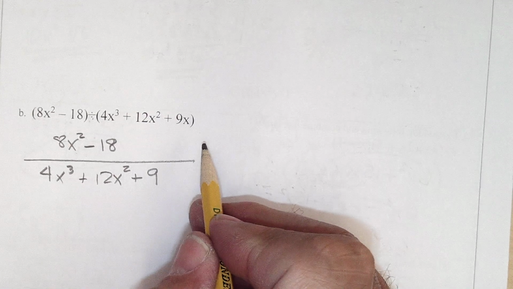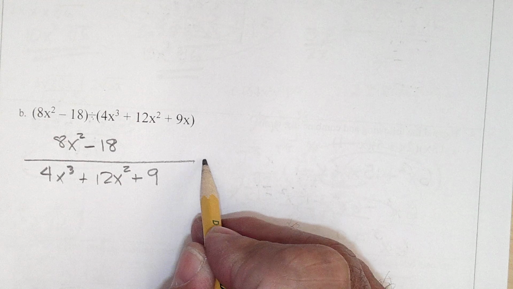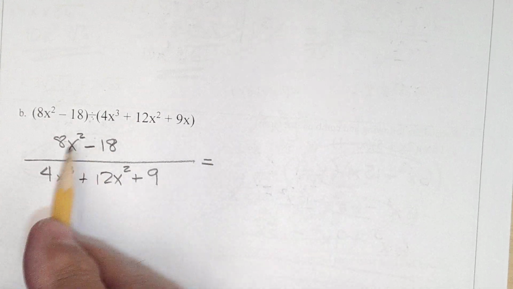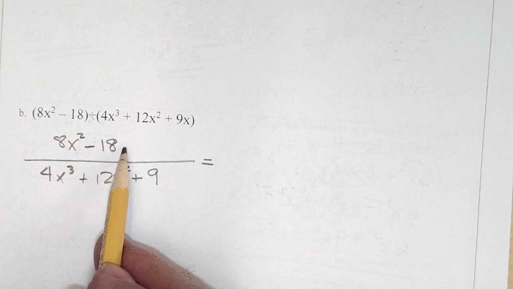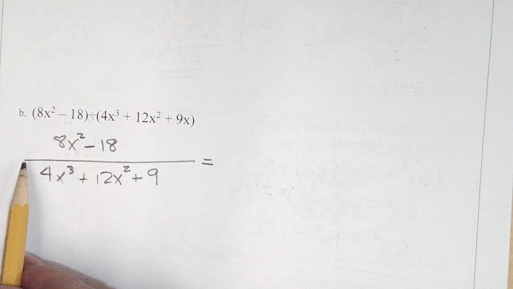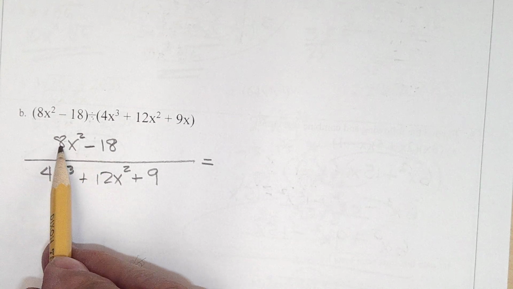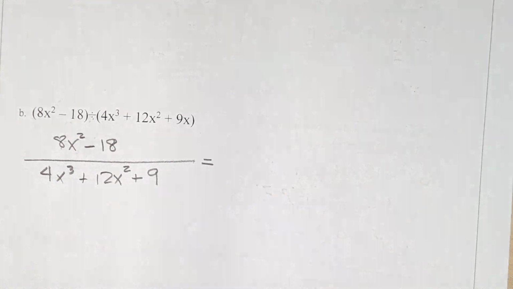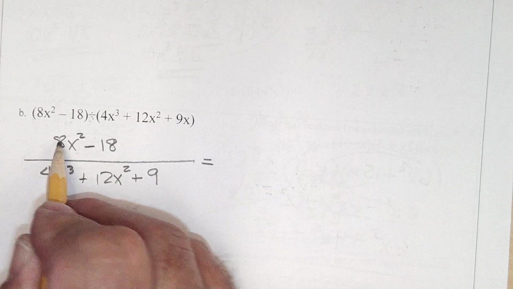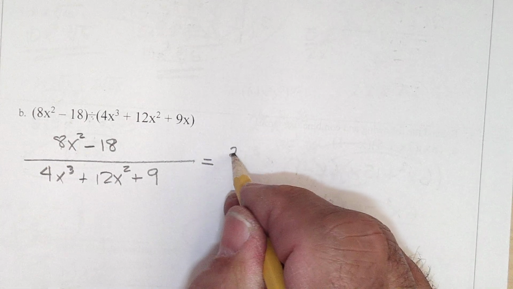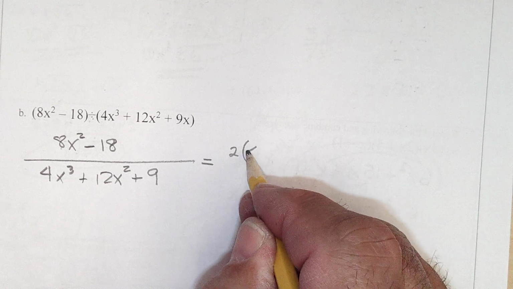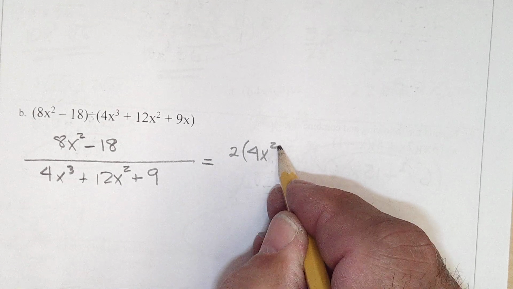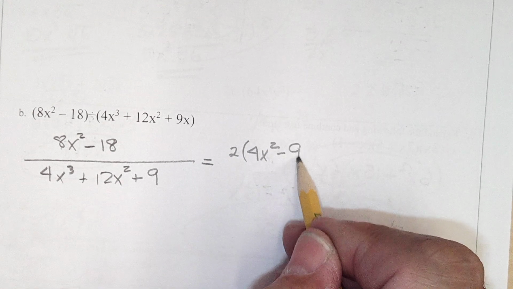First step of factoring, which some of you forgot to do: is there a number or an x that goes into both of these? Well, 8 is divisible by 2, 4 and 8. 18 is divisible by 2 and 9. So there's a 2 in both of these, so we can pull a 2 out and we'd have 4x squared minus 9.